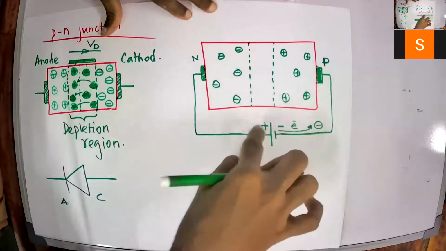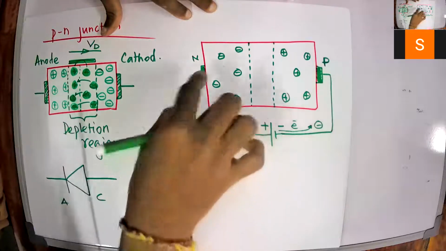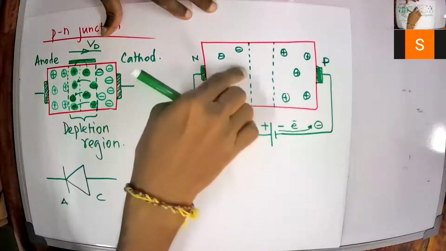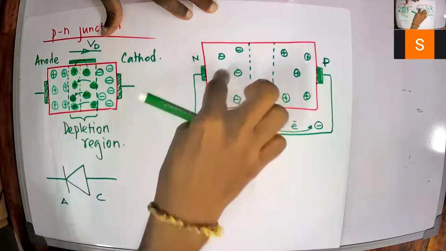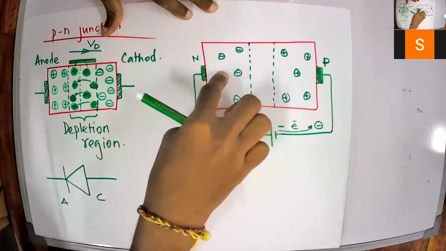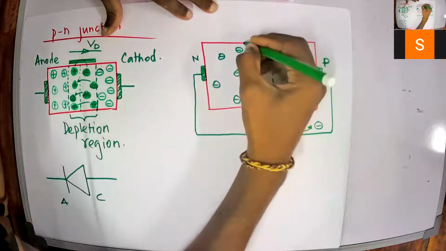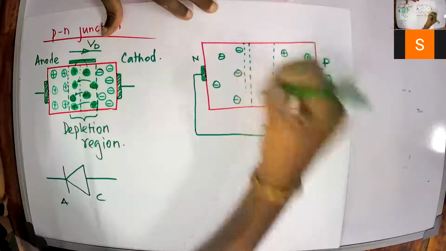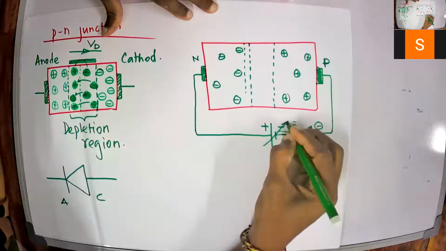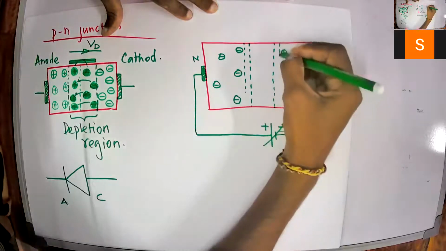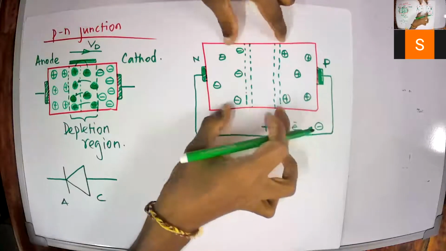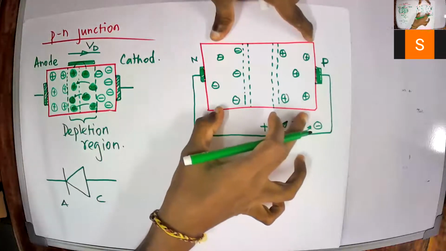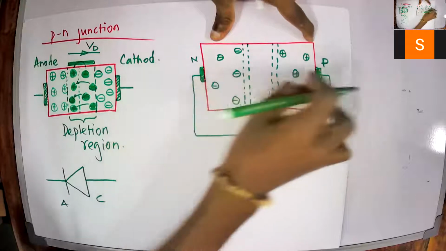Similarly, this positive charge will be drawing all the electrons, draining all the electrons from the inside, right? So effectively the depletion region will be growing whenever you are increasing the voltage, but there will not be any current flow.